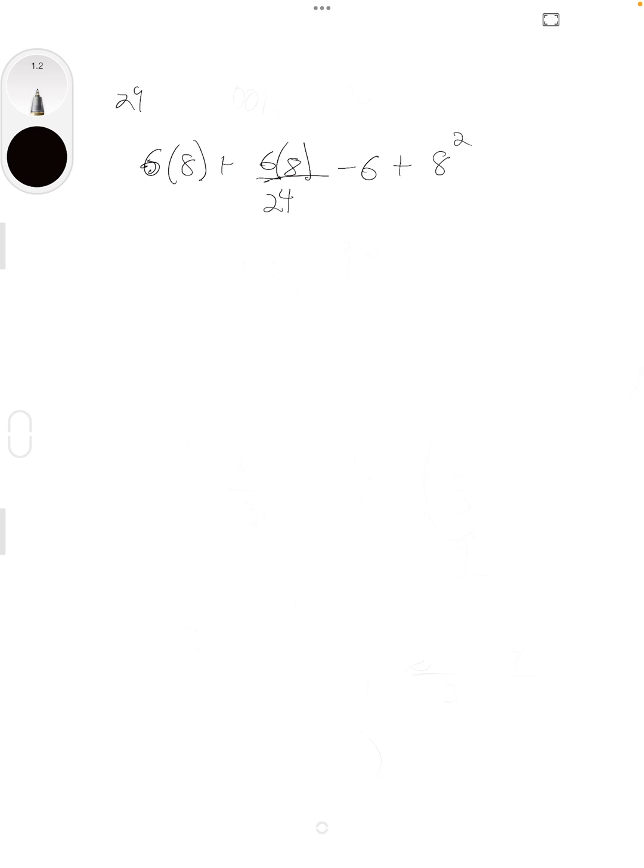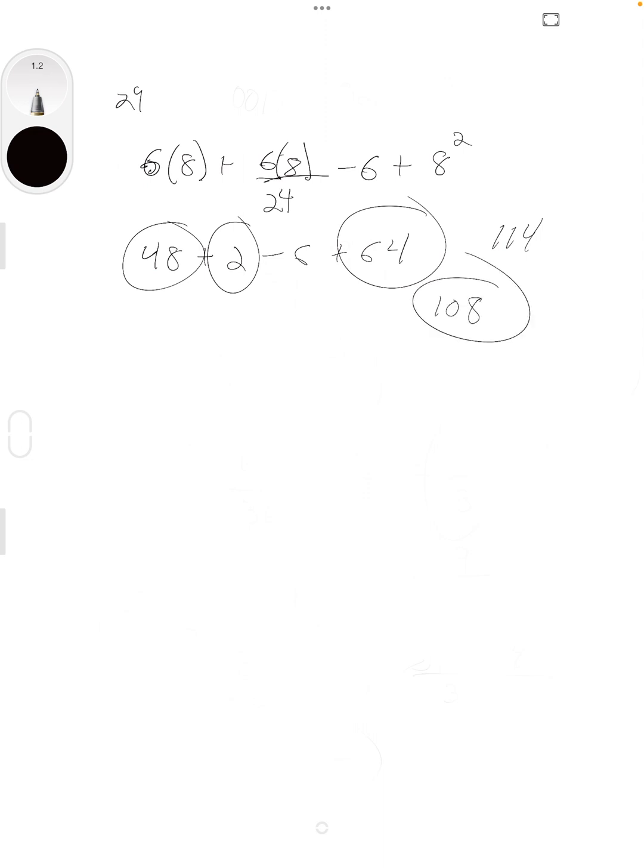Okay, so 6 times 8 is 48. This is 48 over 24, which is 2, minus 6, and 8 squared is 64. Do the math. 48 plus 2 is 50, plus 64 is 114, minus 6, 108.